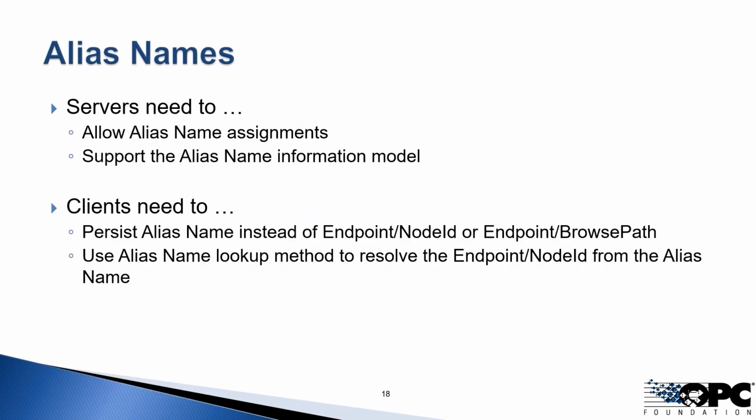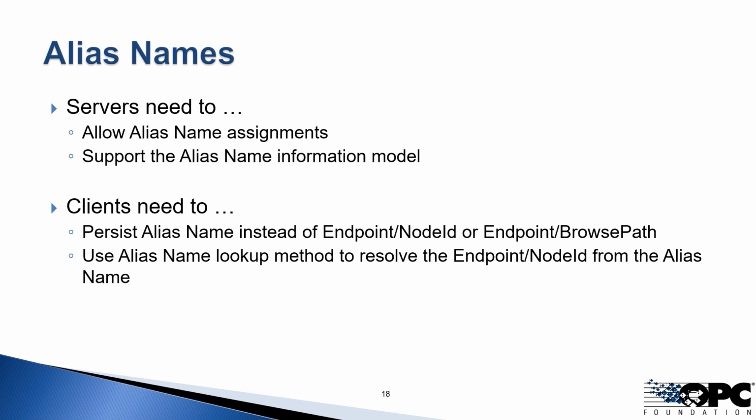And as with the previous services that we've looked at, clients and servers, publishers and subscribers, any of the OPC UA applications that want to make use of the alias name feature, they need to actually write code to support that. So a server would need to allow alias name assignments. Again, these are typically end user installed name assignments.